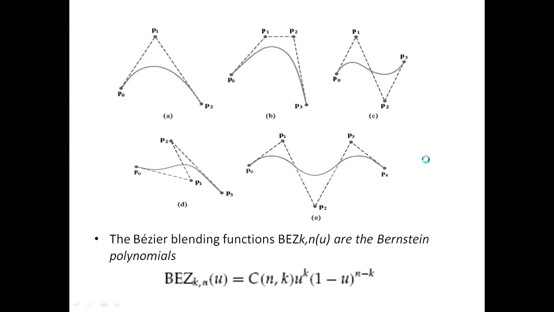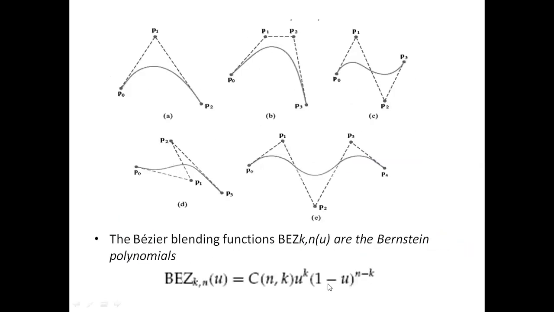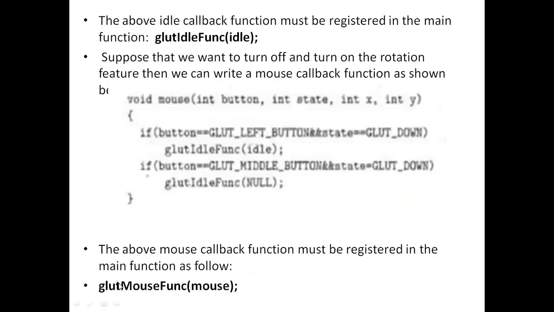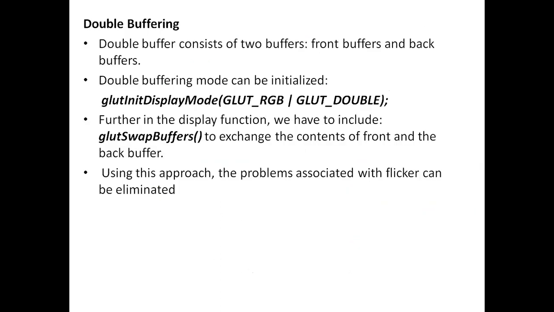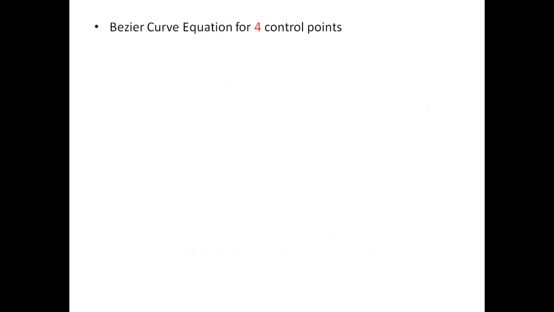The equation for the Bezier curve is this. The positional vector means the complete vector of that curve, the complete points of that curve. This is the complete equation where b z of k comma n of u represents this. Now, the question is: give the Bezier curve equation for 4 control points.